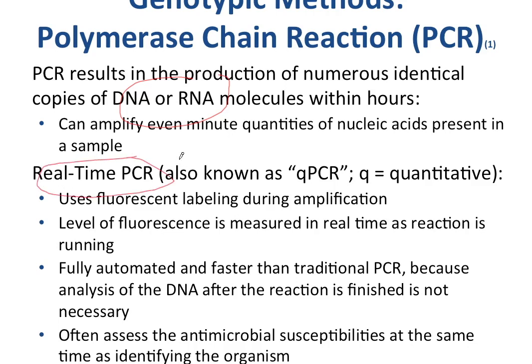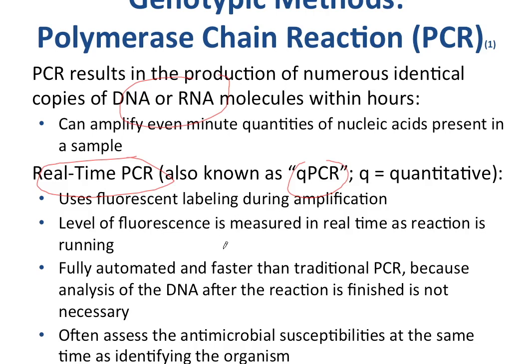Now we have the real-time PCR, also called qPCR. Q means quantitative, because PCR uses cycles to amplify the DNA or RNA. If the DNA or RNA concentration is relatively high, it can give signals even in the very early cycles.